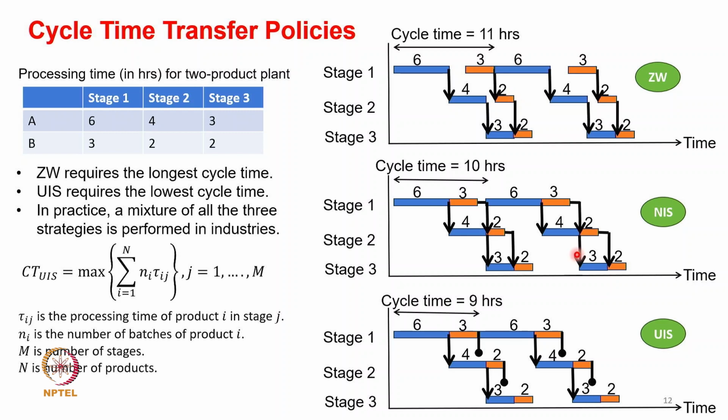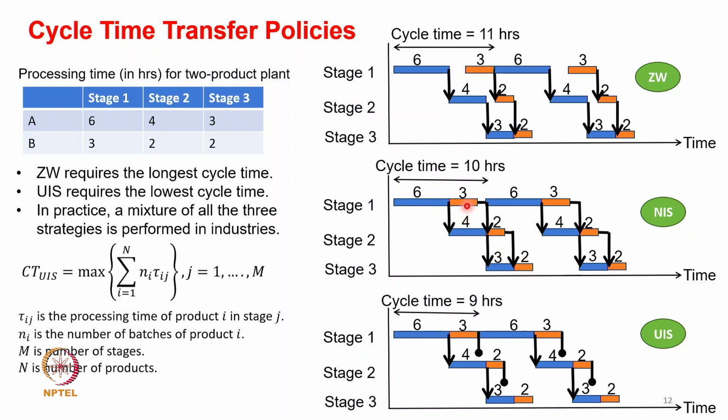Now look at a case where you have no intermediate storage. Of course you can store in the same place, but there is no intermediate storage. You follow the production of A as it is.